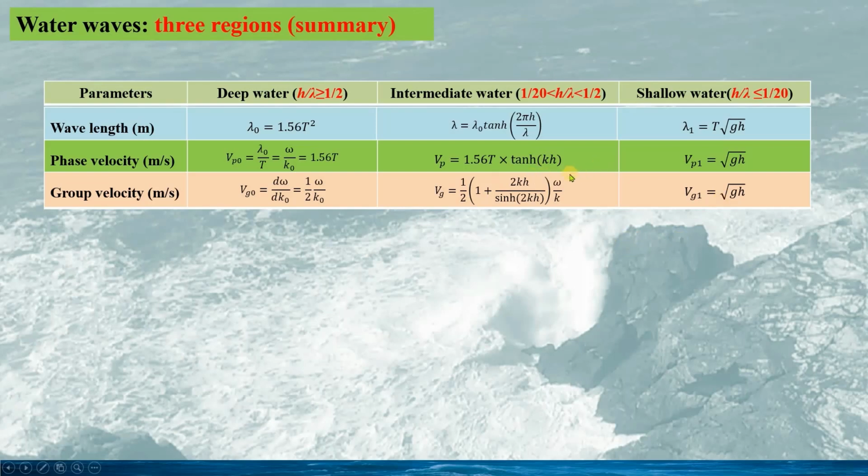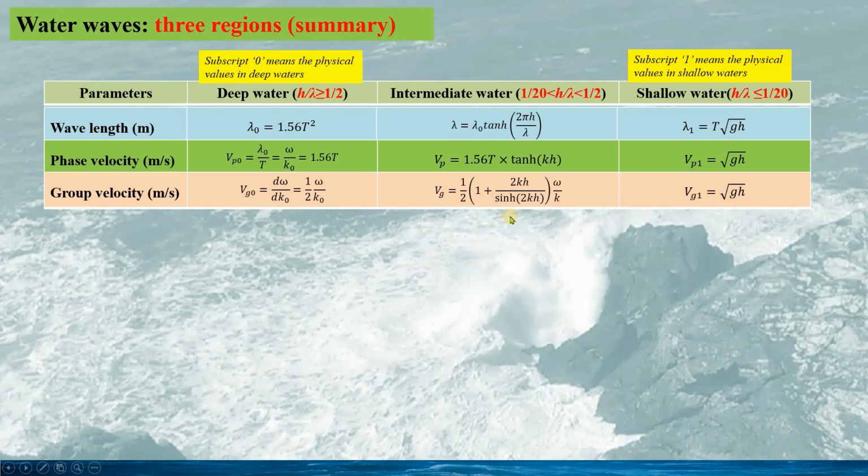But for the intermediate water depths, we have the accurate formula for the wavelength, phase velocity, and the group velocity. But all these are nonlinear equations which can be expressed by the approximations or solved using the iteration method.